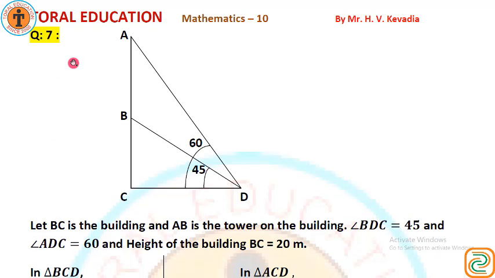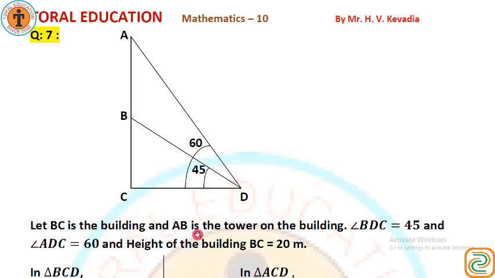Question number 7. From a point on the ground, the angles of elevation of the bottom and the top of a transmission tower fixed at the top of a 20 meter high building are 45 and 60 respectively. Find the height of the tower. This is the ground.